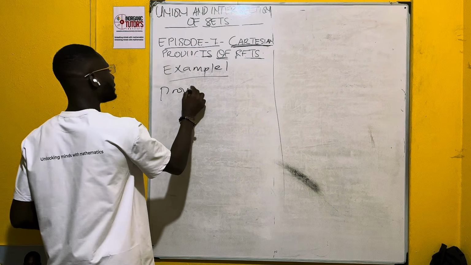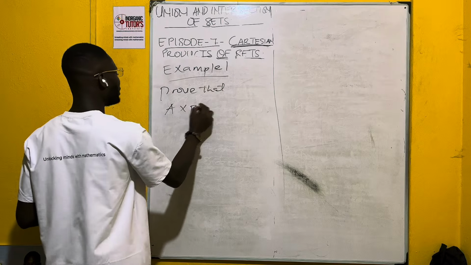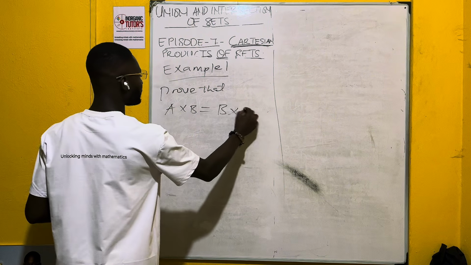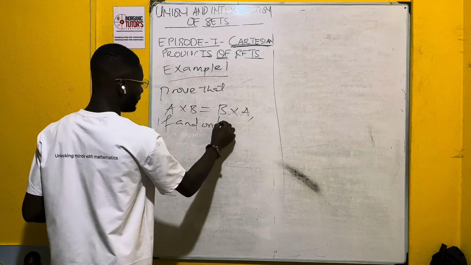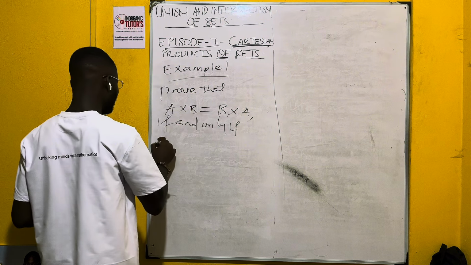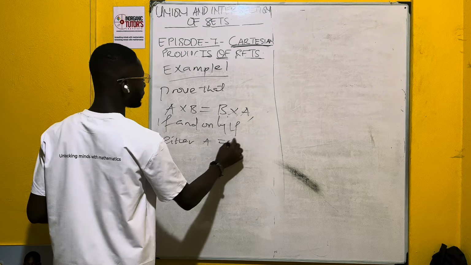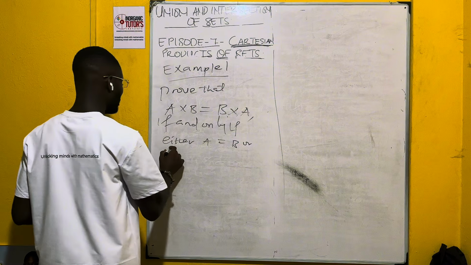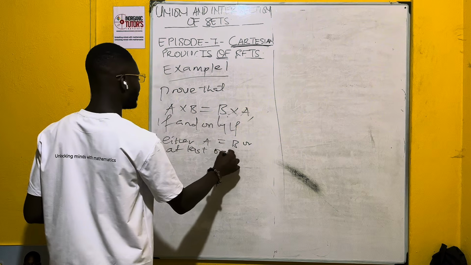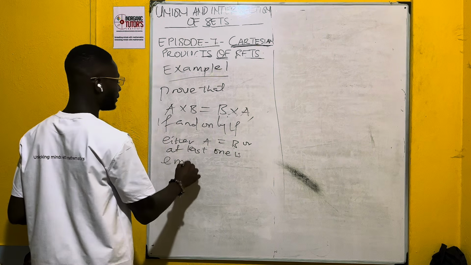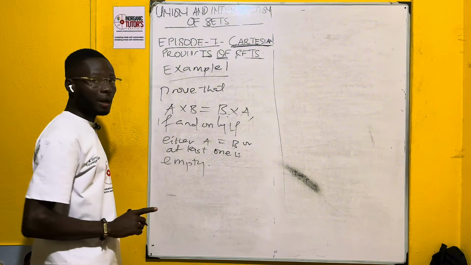Let's prove that A cross B is equal to B cross A if and only if either A is equal to B or at least one is empty.